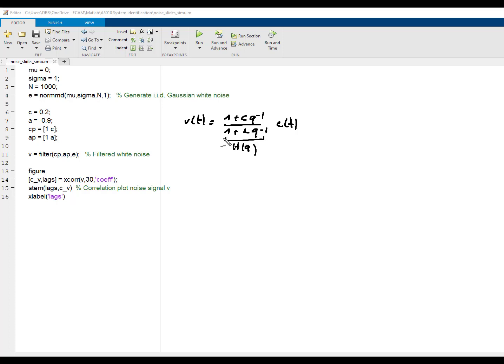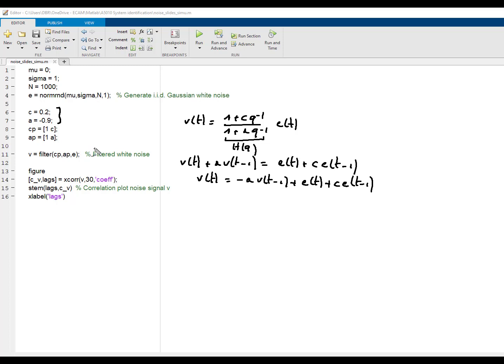So if you multiply by the A polynomial on the other side, we'll have 1 times v(t), so v(t) plus a times v(t minus 1) is equal to e(t) plus c e(t minus 1). So v(t) is obtained as minus a v(t minus 1) plus e(t) plus c e(t minus 1). So what we can do is play with the coefficients a and c.